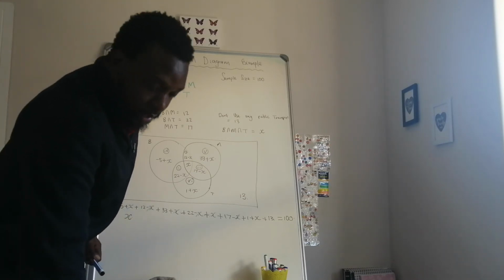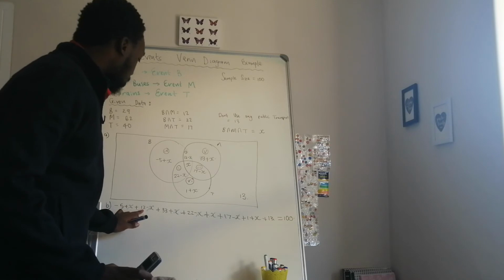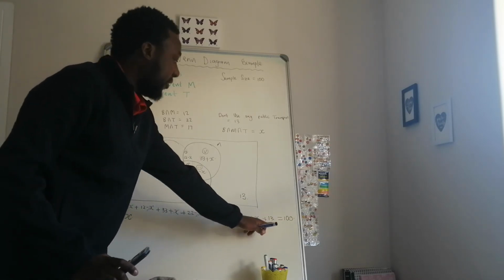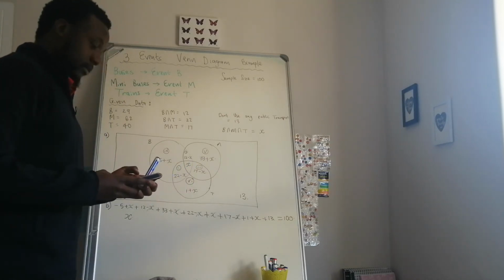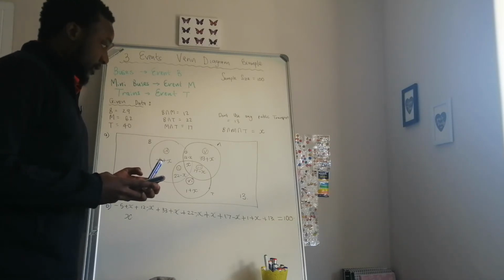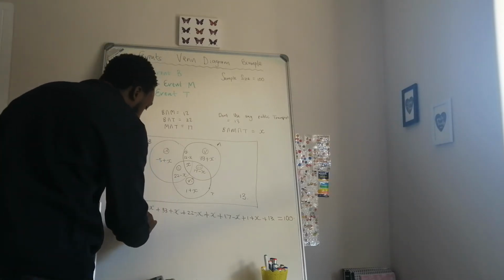And what I need to do now is add all the numbers: -5, 12, 33, 22, 17, 1, and 13. I get 93.